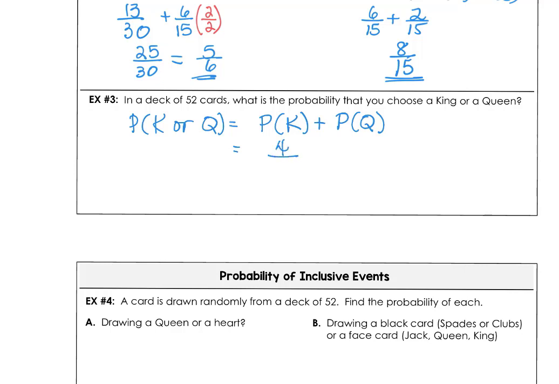So we have 4 kings out of 52 cards and 4 queens out of 52 cards. So that gives us a probability of 8 out of 52. And if you simplified this by dividing each numerator and denominator by 4, we would see that probability would be 2 out of 13 in simplest form.